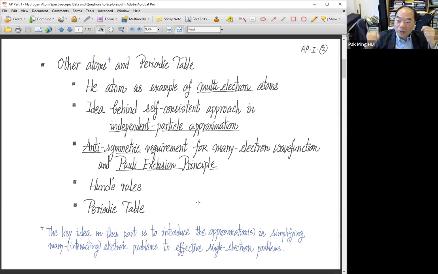Once we have electron-electron interaction, the quantum mechanics problem becomes very, very difficult. That's why we have a separate subject in physics called many particle problems, many body problems. They handle interaction. In our course, we will do something easier. I will try to convey to you some physical picture of how to approximate many electron problems into single electron problems.